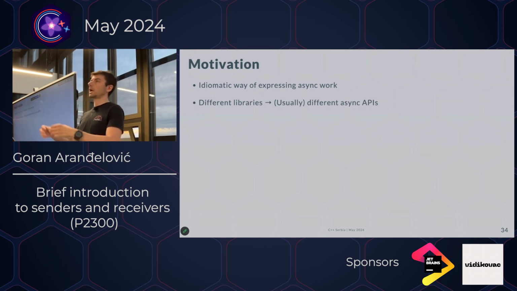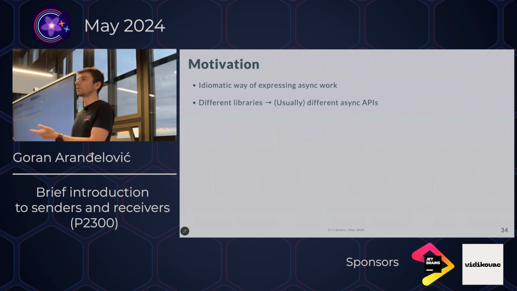And also, you pull in a couple of third-party libraries. One third-party library has one signature for callbacks. The other third-party library has, in some way, a different signature for their callbacks and another way to pass the data around. And if you want to combine these two third-party libraries, it's very, very difficult to do so.